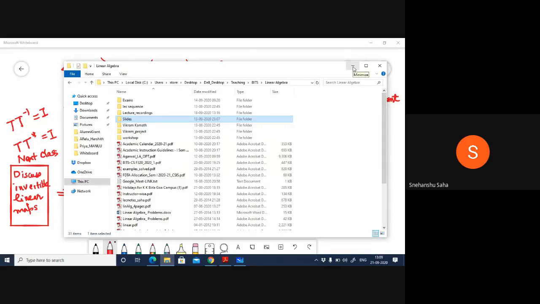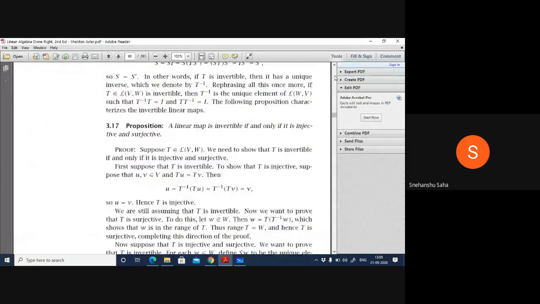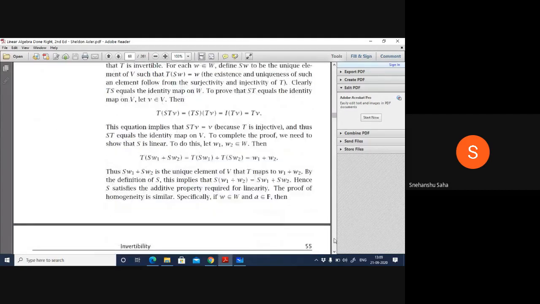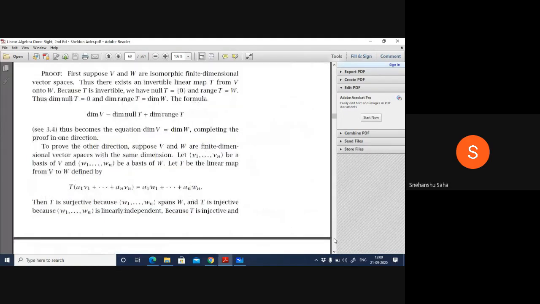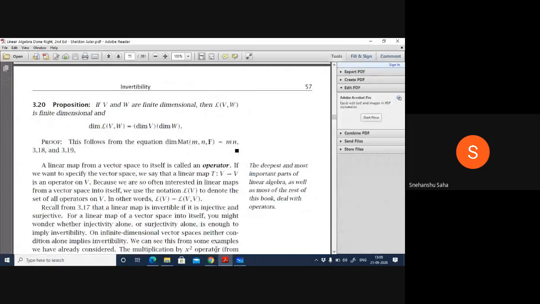I can tell you the page numbers. I think I have the book open. Can you see the book? So you can see this invertibility, right? I would expect that you at least read this particular section and come prepared to class. Okay? All right. See you next time.